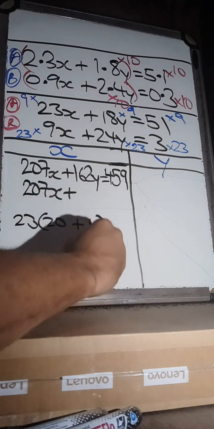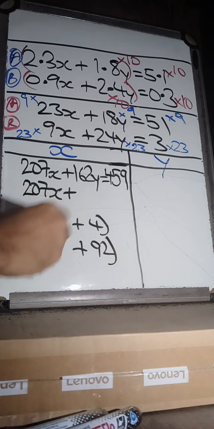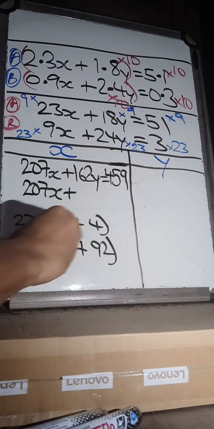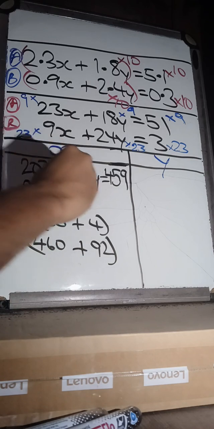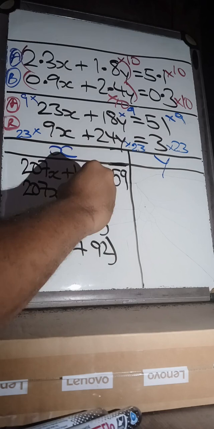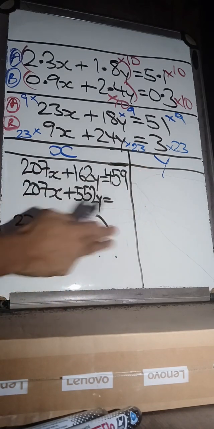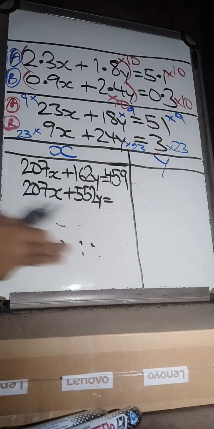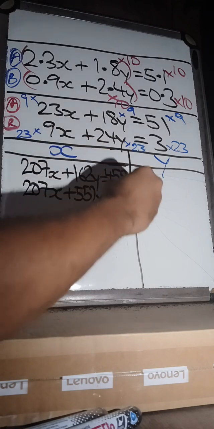So this part is 92. 46 with a 0 at the end. Now this is looking like 552. So this is going to be 552y. And then now we have 23 times 3, which is 69.